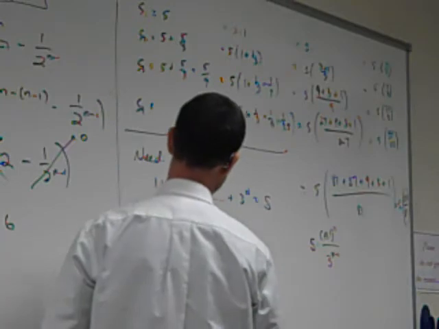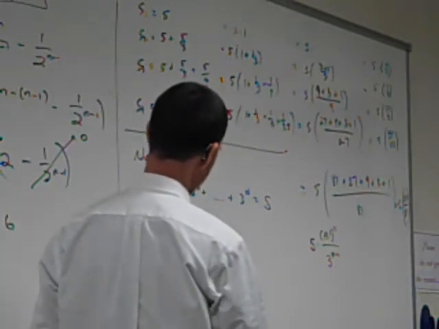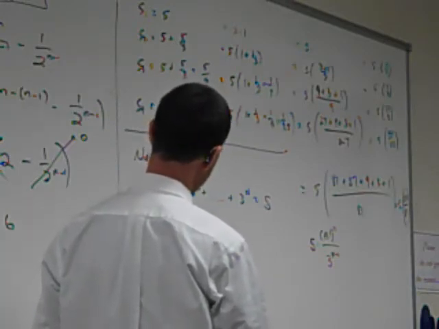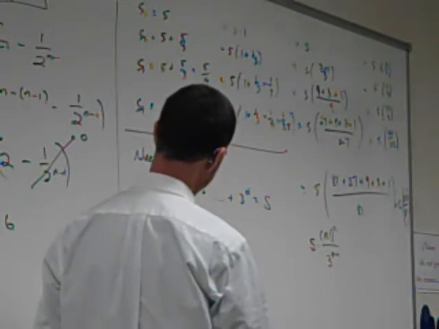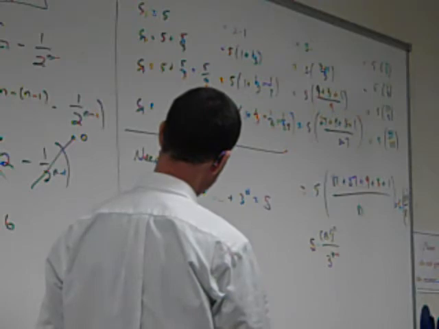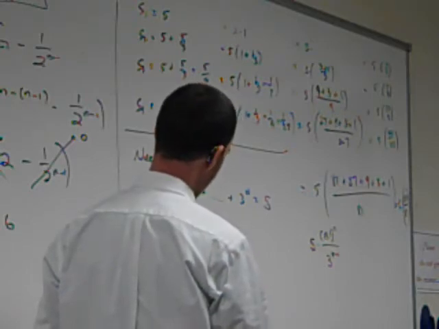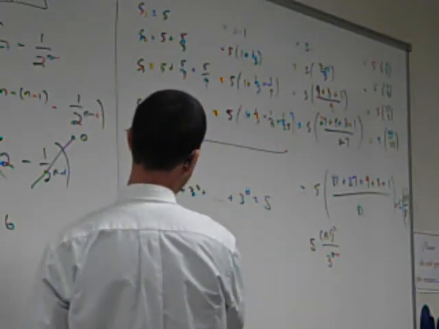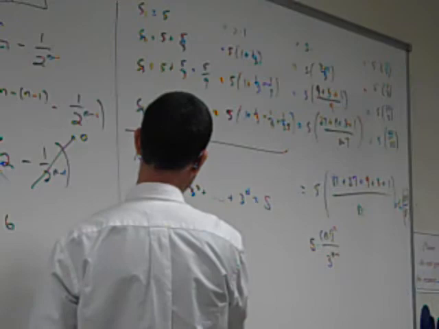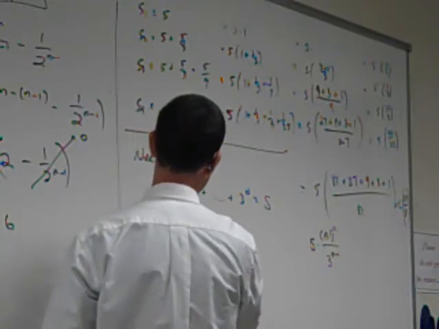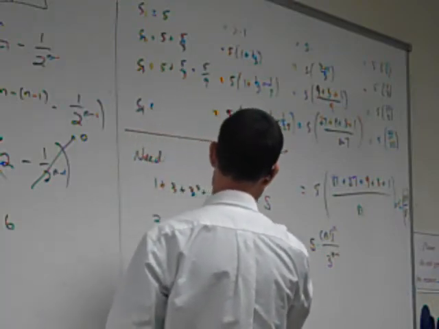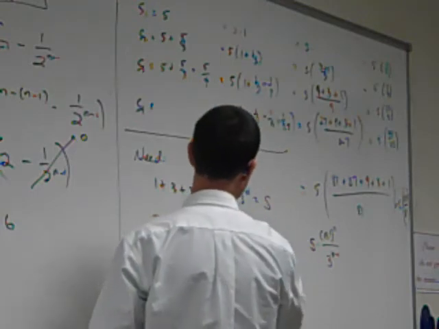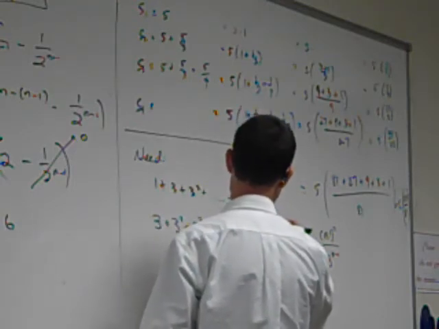Okay, so if I multiply this whole expression by 3, what do I get? I get 3 plus 3 squared plus 3 cubed plus dot dot dot plus 3 to the n plus 3 to the n plus 1.